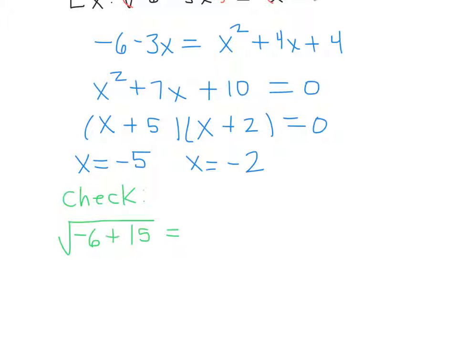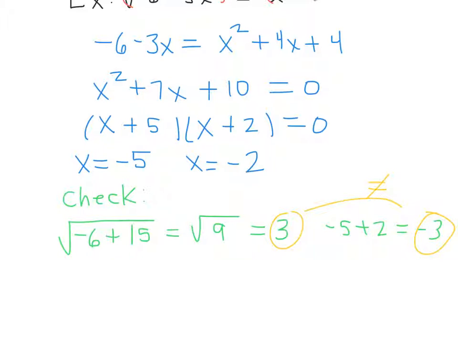Okay, well, that's equal to the square root of 9, which is equal to 3. Now if we check the other side, we've got x plus 2. So we plug in a negative 5 for x plus 2. Well, that's equal to negative 3. All right, so those two things are not equal. So that means that negative 5 is not a solution.